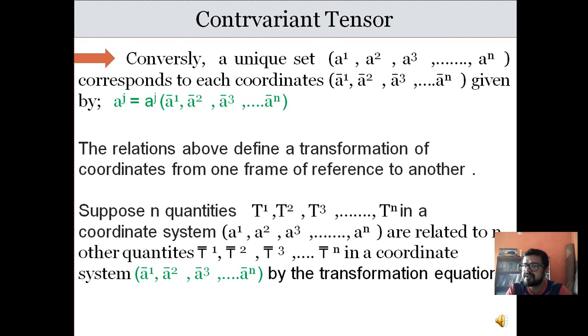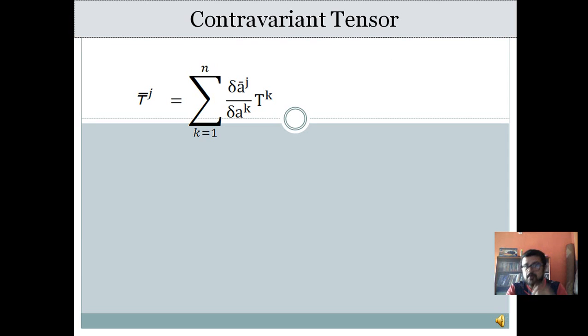Suppose n quantities t1, t2, t3 up to tn, in one coordinate system having coordinates a1, a2, a3 up to an, are related to another n quantities t bar 1, t bar 2, t bar 3 up to t bar n, having coordinate system a bar 1, a bar 2, a bar 3 up to a bar n, and are represented by a transformation equation, that is t bar j is equal to summation k is equal to 1 to n of delta a bar j upon delta ak tk.